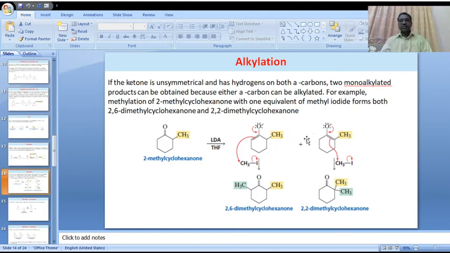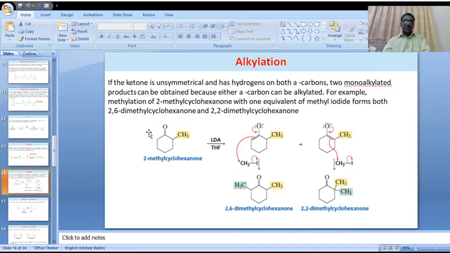For example, methylation of 2-methyl cyclohexanone with one equivalent of methyl iodide forms both 2,6-dimethyl cyclohexanone, where the methyl attacks the left hand side alpha carbon, and 2,2-dimethyl cyclohexanone. How does the reaction proceed?